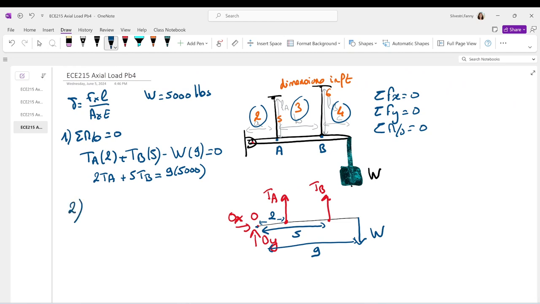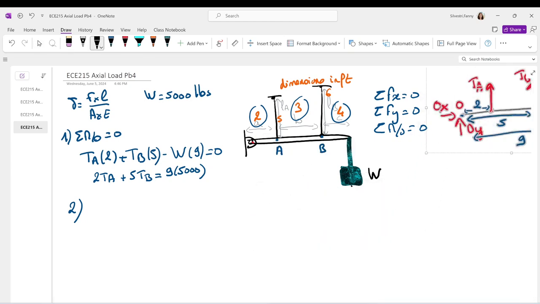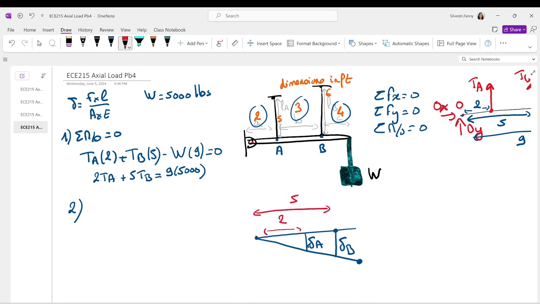So let's move that free body diagram to the right. We are done with it. Let's now look at the deformation. So we were like this, and now it's getting down like this. This distance is delta A. This distance is delta B. And we have another delta, but we don't care too much about that. We have this distance from there to there equal 2, and from there to there equal 5.